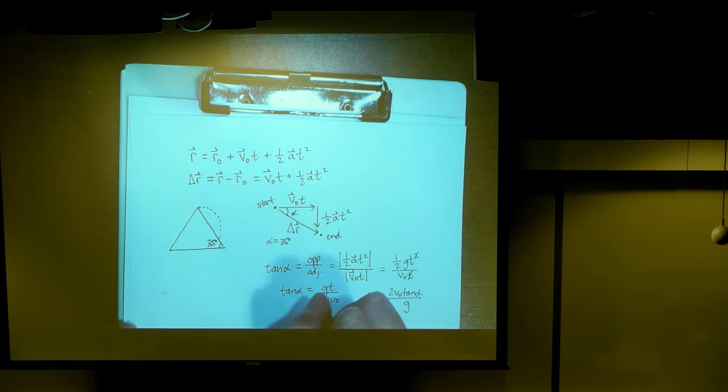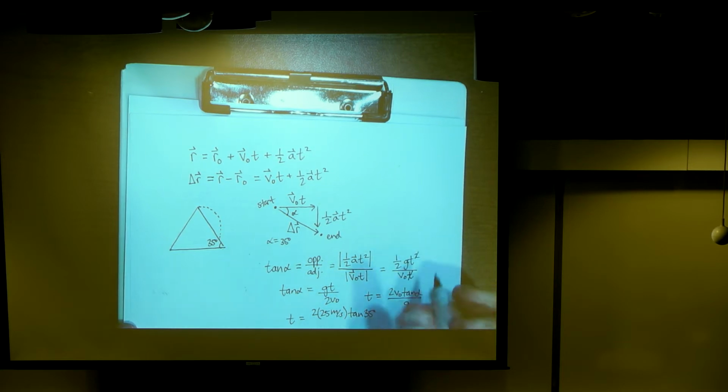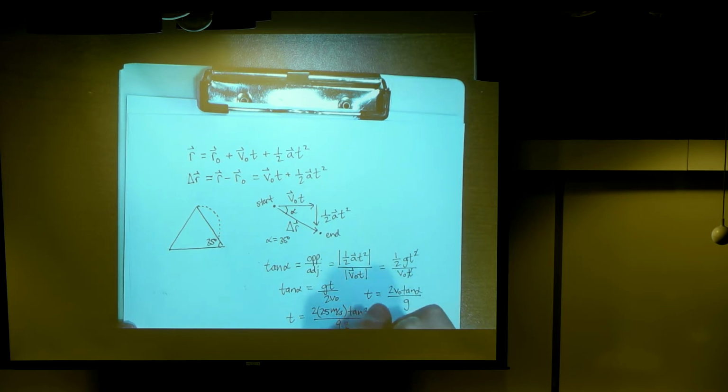So what do we have? We have t equals 2 times v naught, which is how hard we throw the pebble initially, 25 meters per second. And then I'll take tangent of alpha, which is the angle of my slope, 35 degrees, and divide by g, which is 9.8 meters per second squared. That will give me the time that I want.